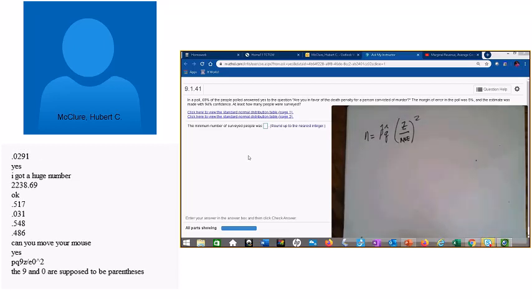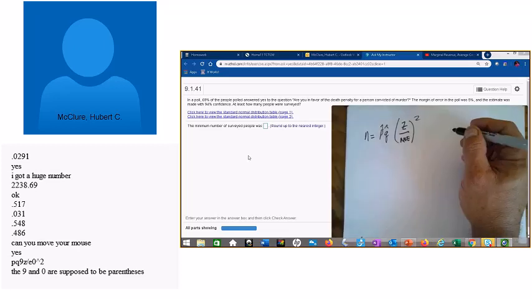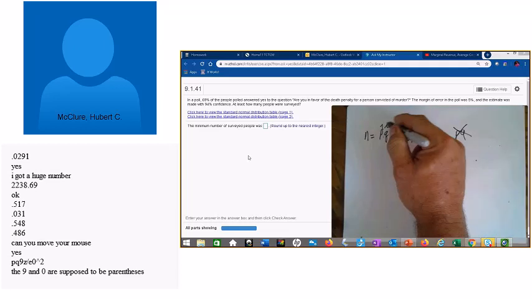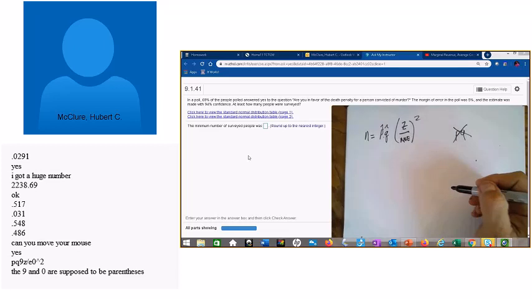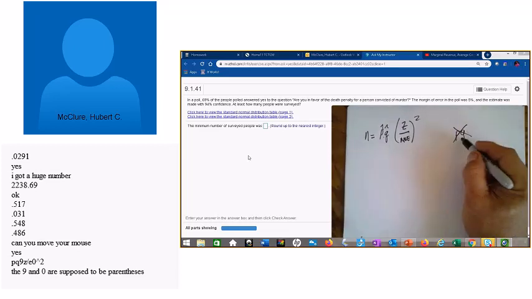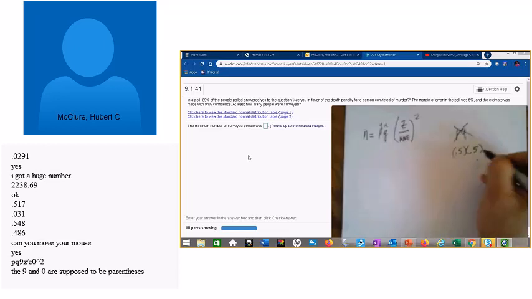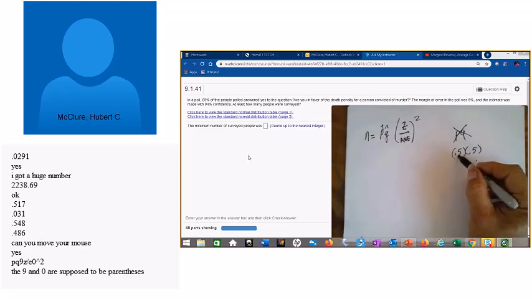Okay, now remember this, if they don't give you p and q, then you use 0.25 right here. 0.5 times 0.5 is 0.25. Remember me talking about true false? One's true, one's false.